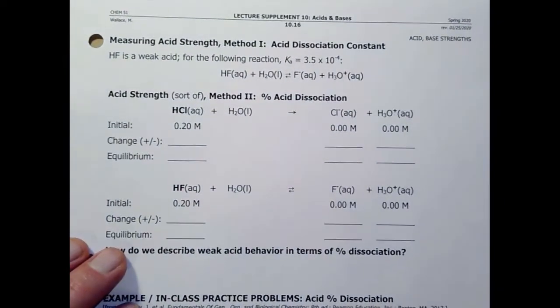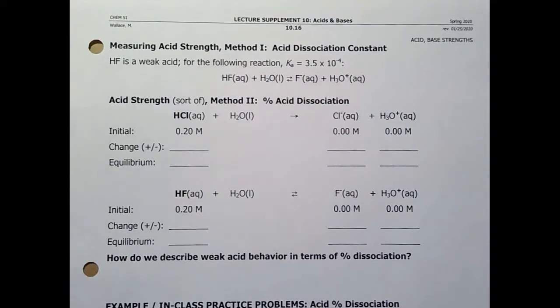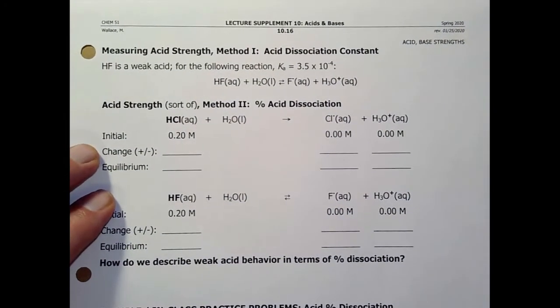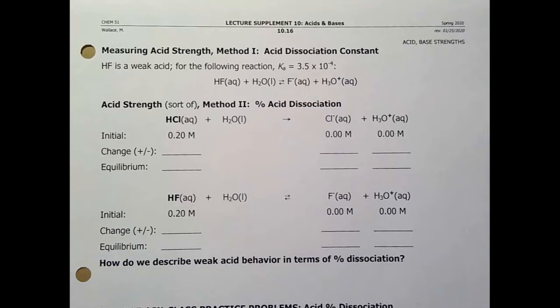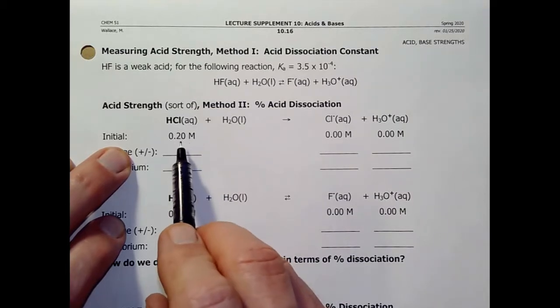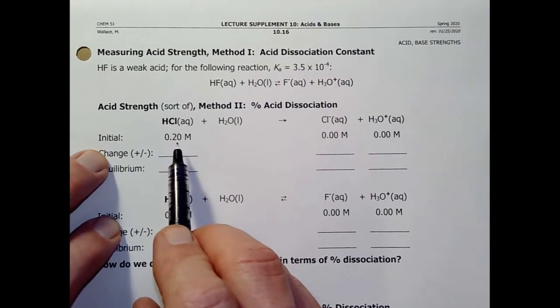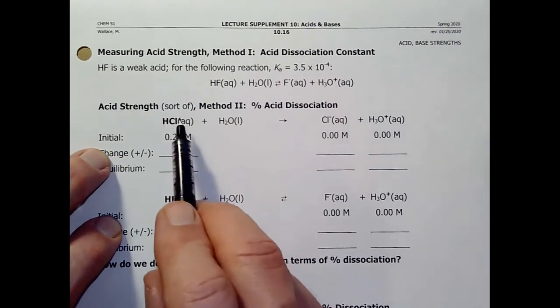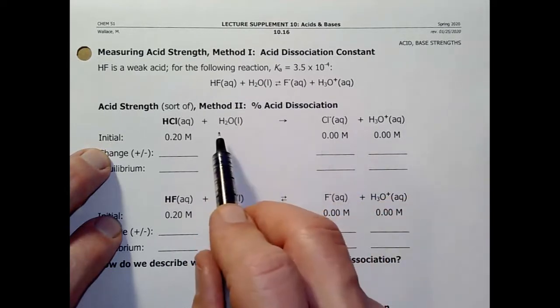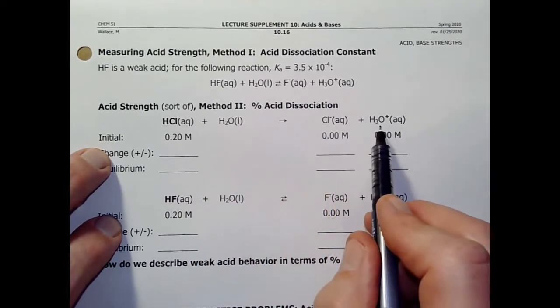All right, let's look at 10.16. Here's another way to think about this. We have the Ka values, but here's something else that happens that we can measure. So I've got a bottle of 0.20 molarity HCl. I drop it in the bottle, it reacts with water, and I get chloride and H3O+.